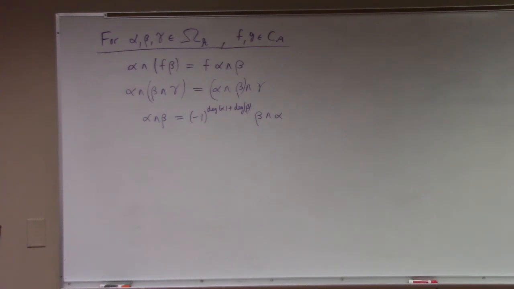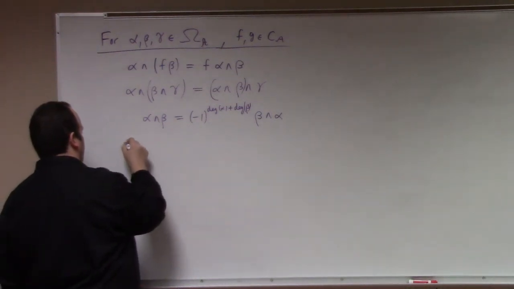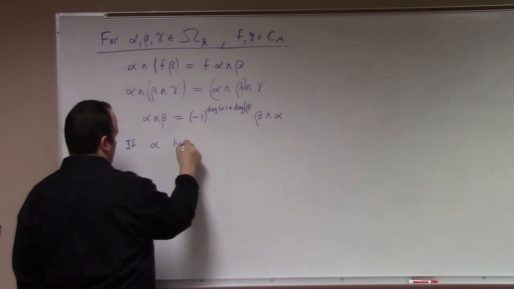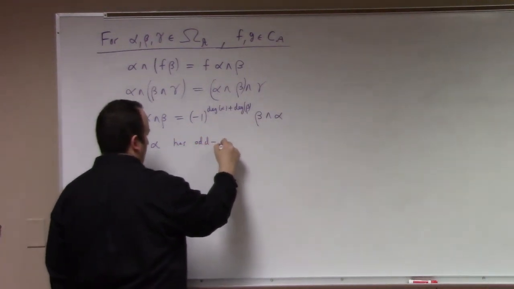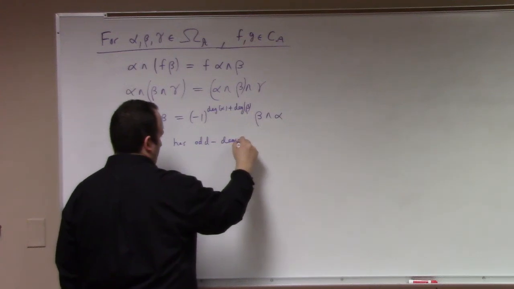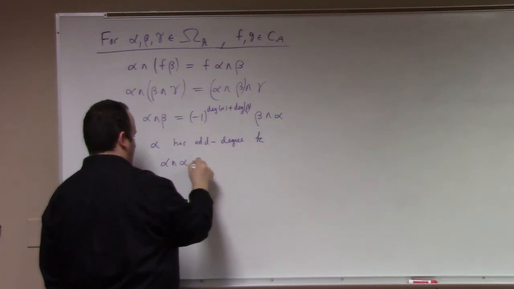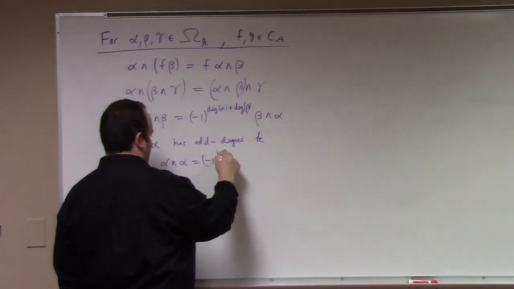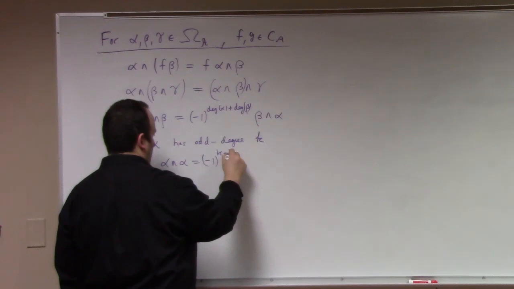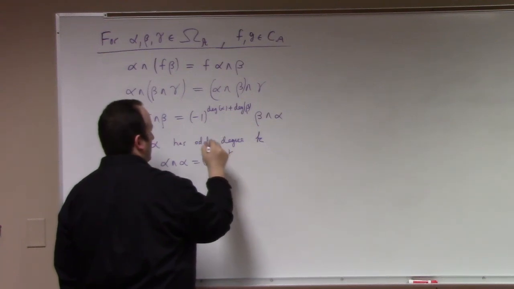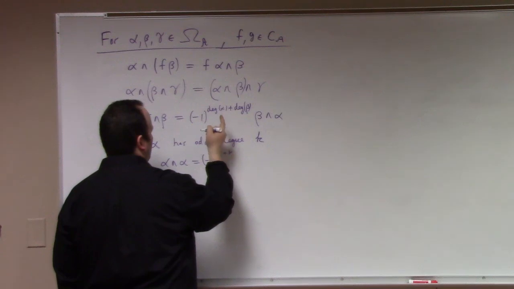Anything else I should think about in terms of basic algebra? Alpha wedge alpha should still, yeah. I think if alpha has odd degree, say k, then alpha wedge alpha is equal to minus 1 to the k plus k. Ooh. Is that right? That's not right.